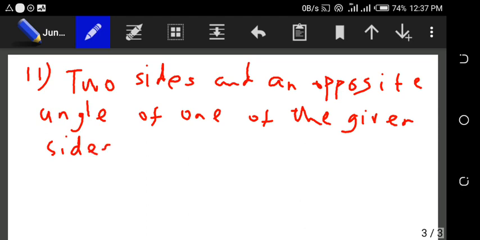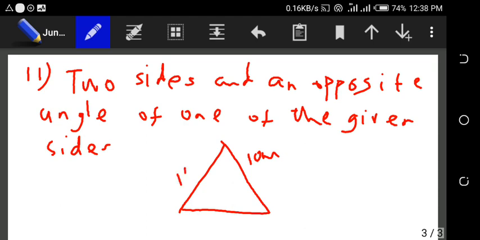We can apply the sine rule when we have two sides given and an opposite angle of one of the given sides. What do I mean by that? Let's say we have a triangle here. This triangle has two sides. Maybe here is 10 meters, here is 14 meters, and then we have an angle here.